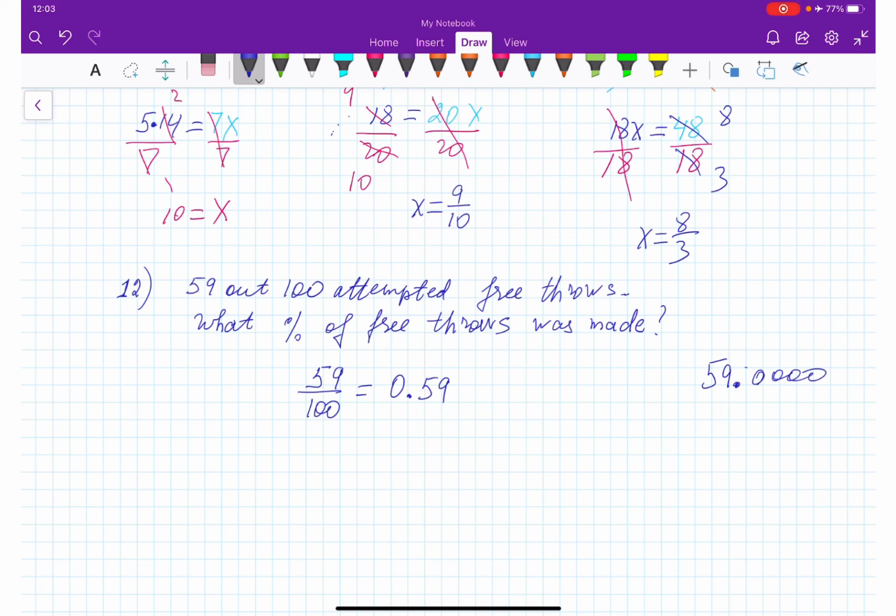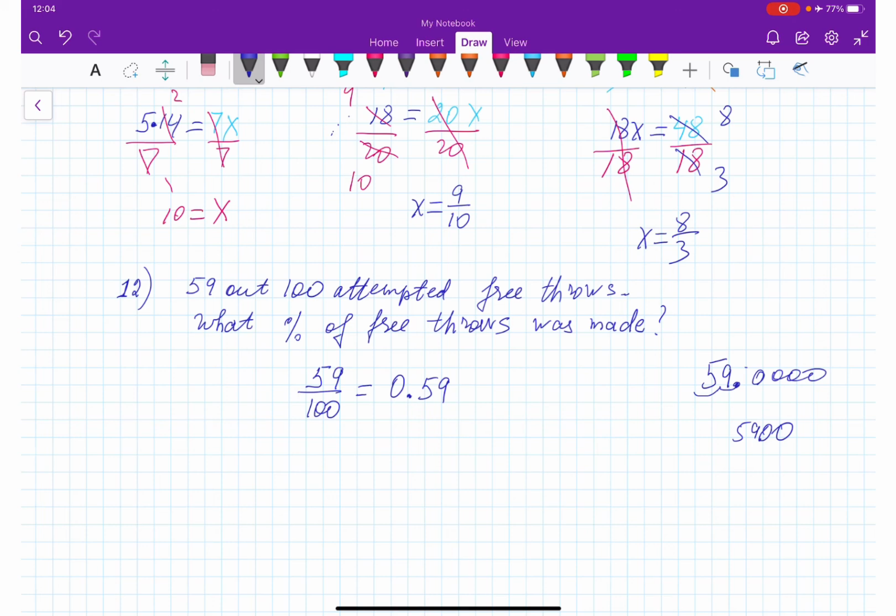So I'm moving by two zeros to the left. When I move by two zeros to the left, that means I'm dividing by 100. If I multiply by 100, I move by two zeros to the right, and I get 5,900. It's multiplication by 100. All right? So dividing by 100, we get 0.59.